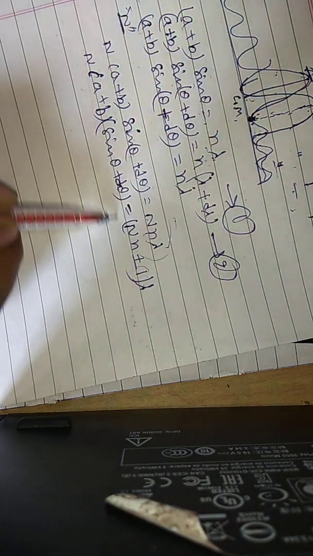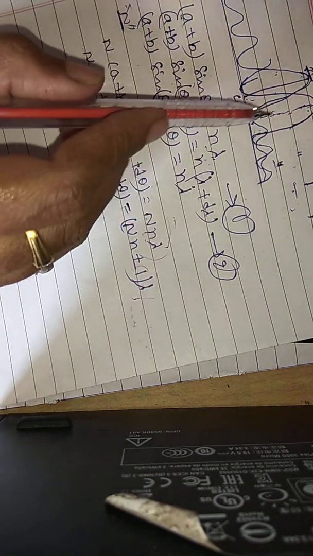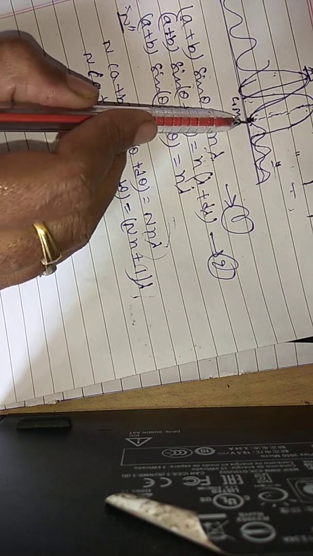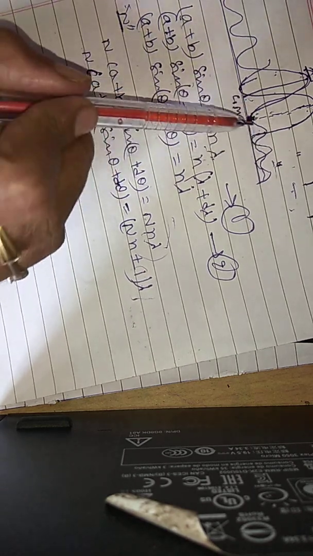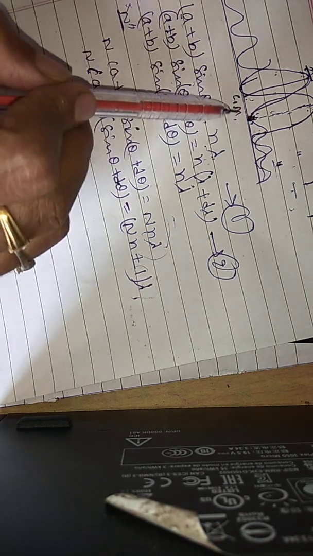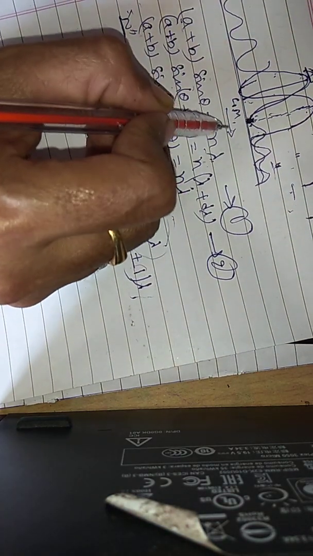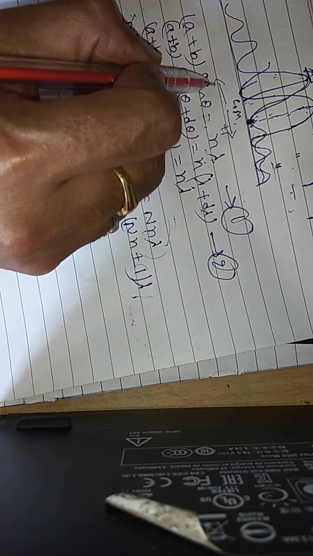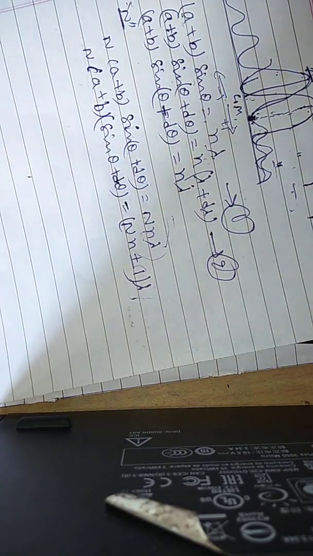This equation is for maxima. It is overlapped under the minima, meaning it is formed in the first minima. If it goes in this direction, it is taken as plus 1.